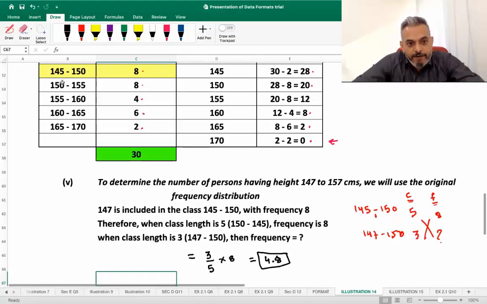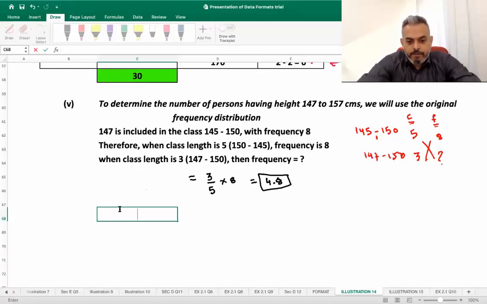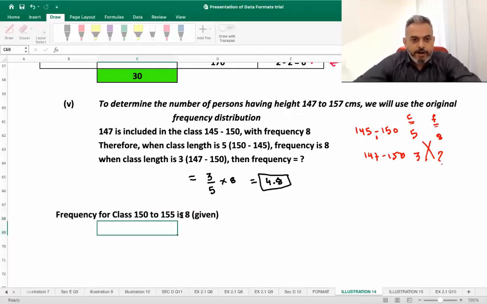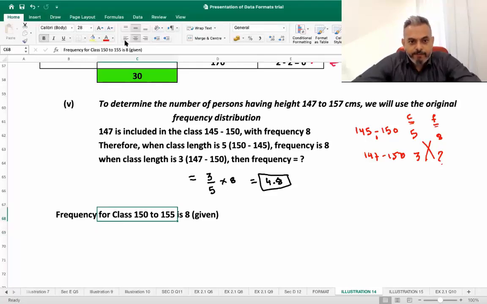Now for 150 to 155 it is already 8. We already know it. So frequency for class 150 to 155 is 8. Already given. We have already written it. We found out using tally marks.